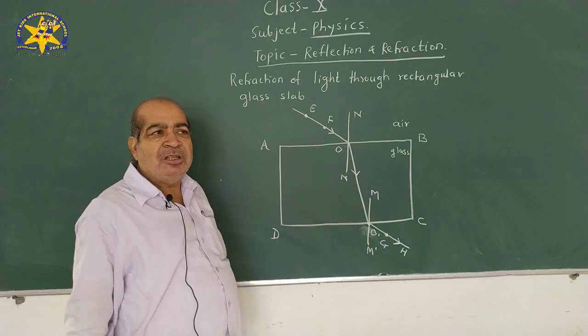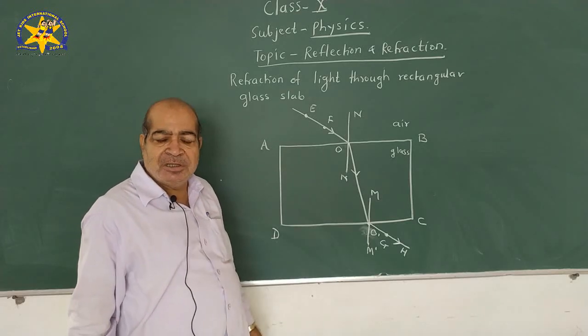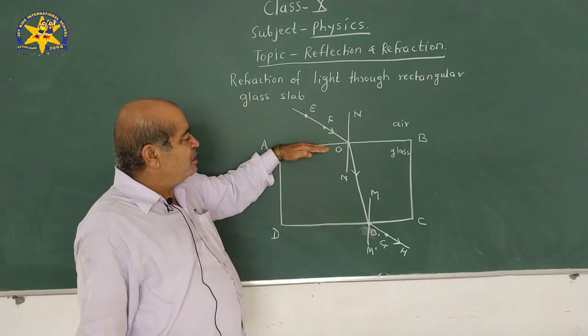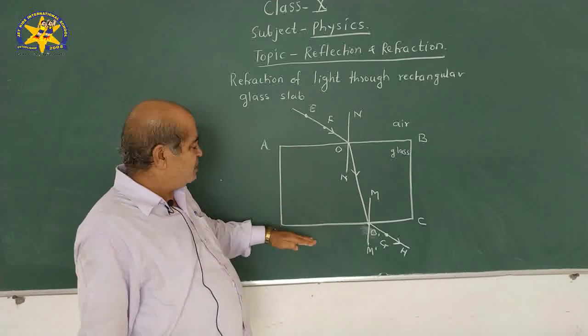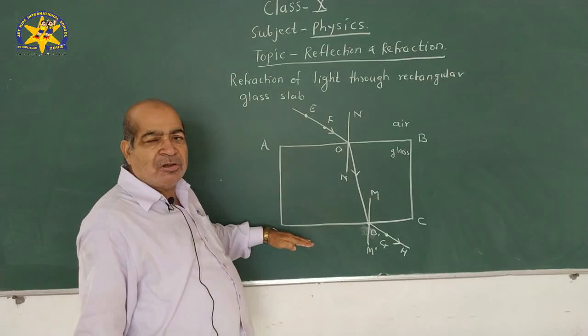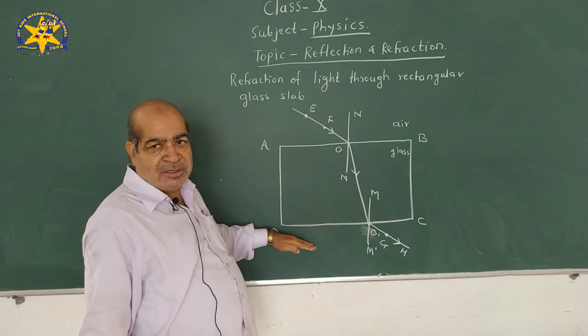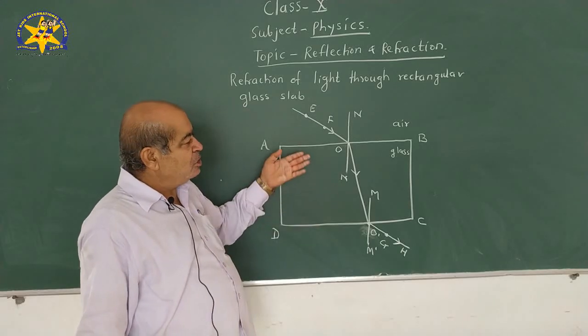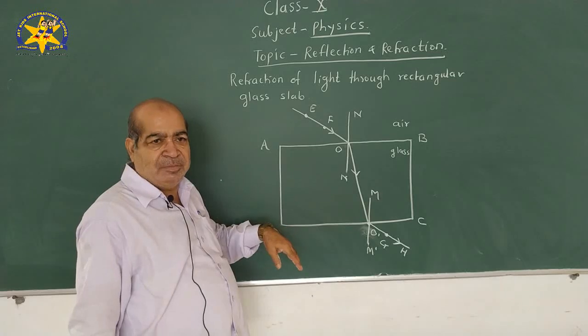It is called the interface. AB is called the interface and CD is called the second interface. It separates the two transparent media.